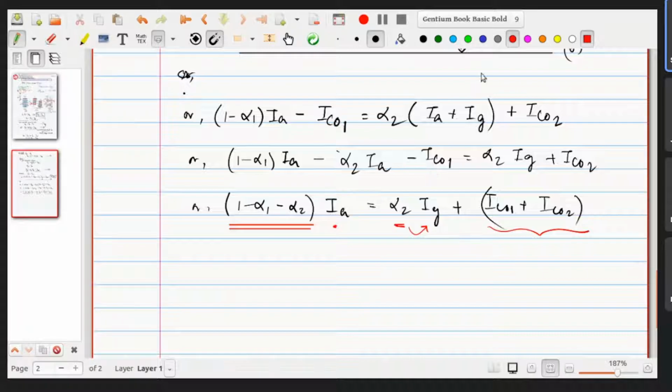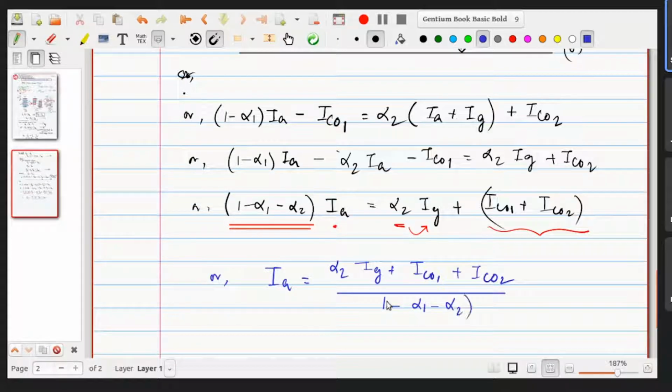So the representation wise, everything remains the same. So IA as a form, we can represent it as alpha 2 IG plus ICO1 plus ICO2 whole by 1 minus alpha 1 minus alpha 2.